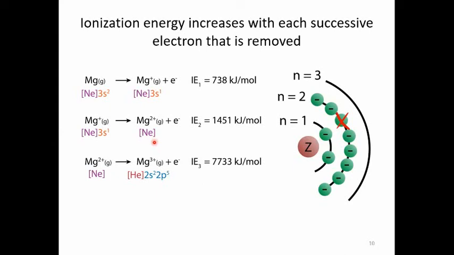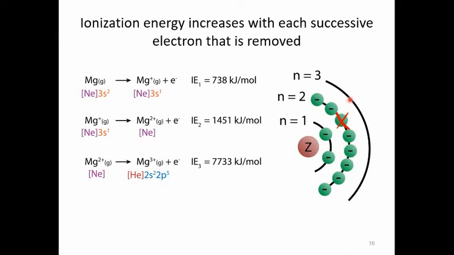And so the energy jump between the second and the third ionizations requires significantly more energy. It was a twofold increase from the first to the second, but approximately a fivefold increase between the second and third ionization energies. And again, the reason for that is because the second shell is significantly closer to the nucleus than the third shell.